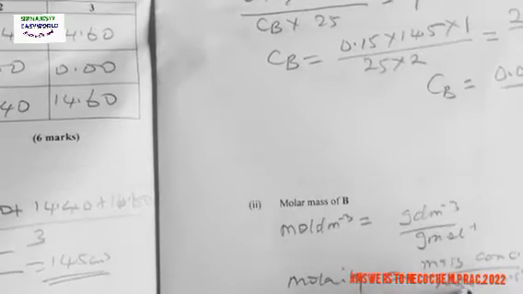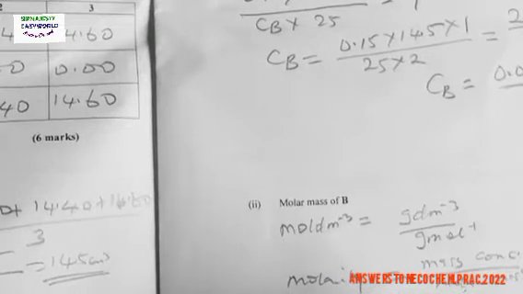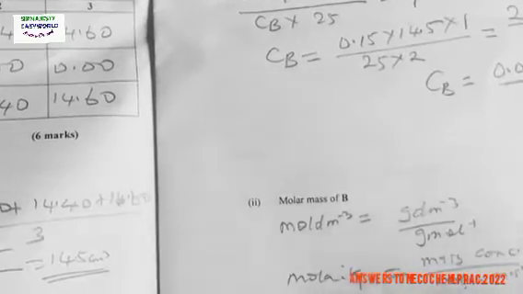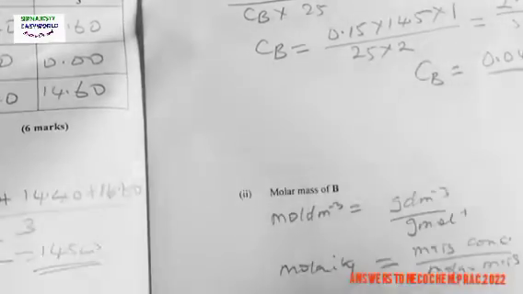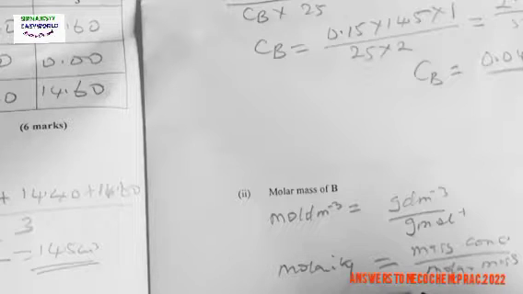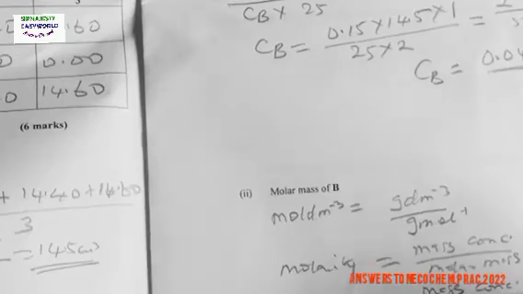They are asking us molar mass, therefore molar mass should be made subject to the formula. Molar mass is equal to, I'm just solving this to show you workings, not that in the exam you solve all this in this space. Molar mass is now equal to mass concentration all over molarity.